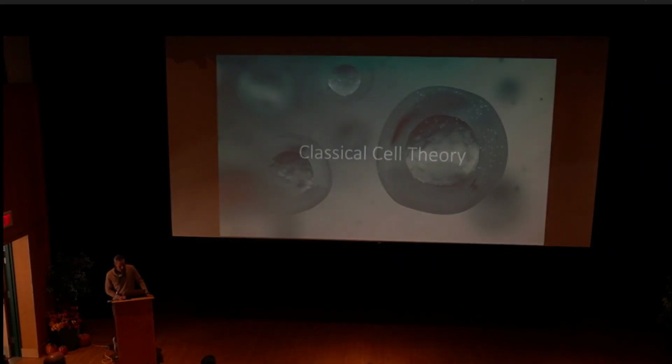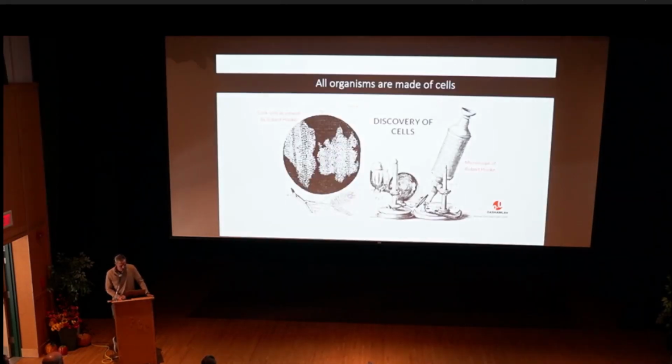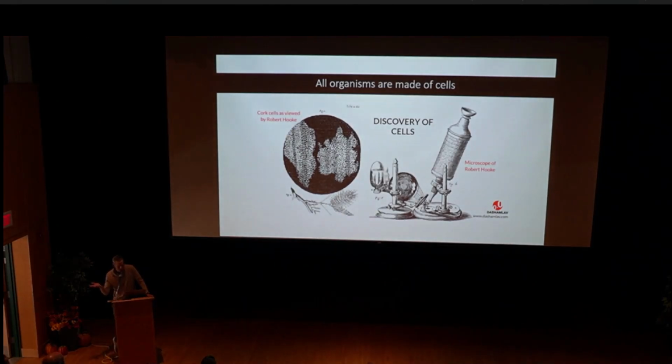And one of the key concepts that we're going to go over is classical cell theory. It's probably been a while since you thought about when they discovered cells. We're going to go way back in time to 1655 when Robert Hooke used a new tool, a microscope. By using the microscope, he was able to look at a thin slice of bark from a tree and saw all these repeating little patterns.